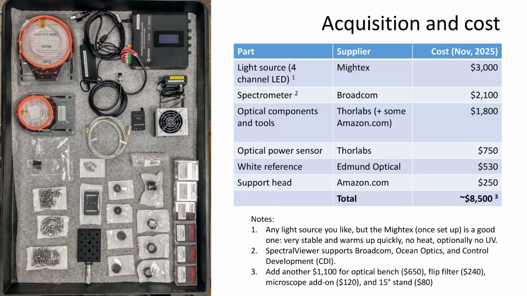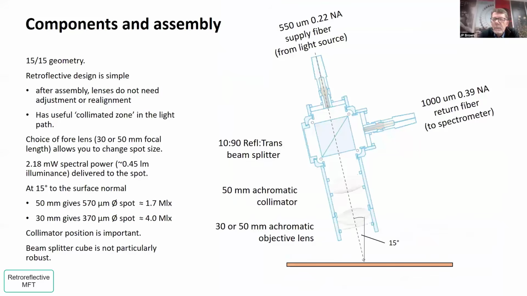And if you need something to support the whole unit on the end of a microscope boom arm, that's about another $250. So you're looking at $8,500 to get started, and then possibly another $1,100 for optional stuff that we'll talk about later.